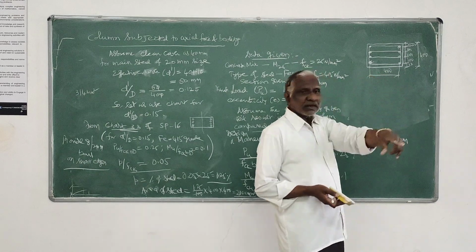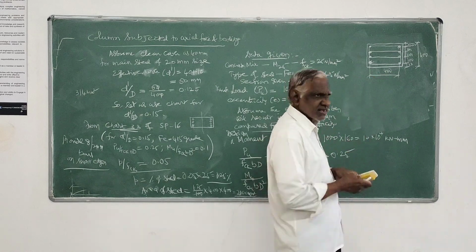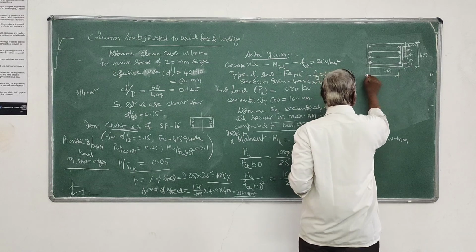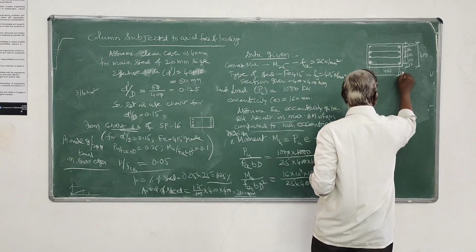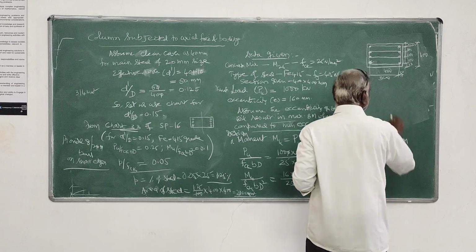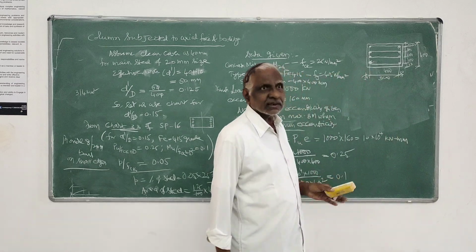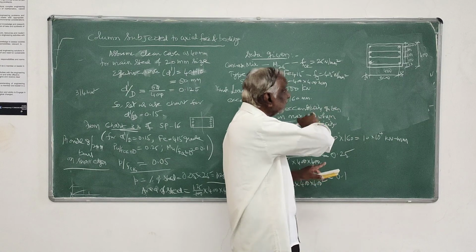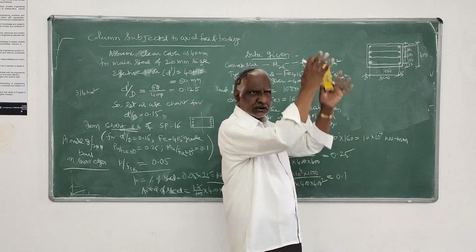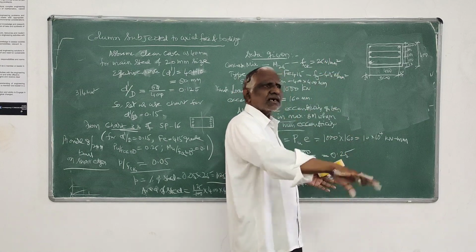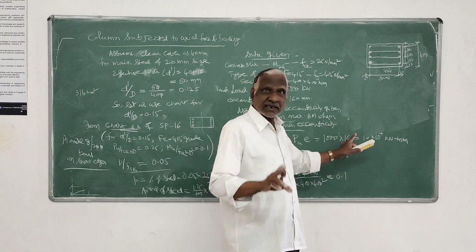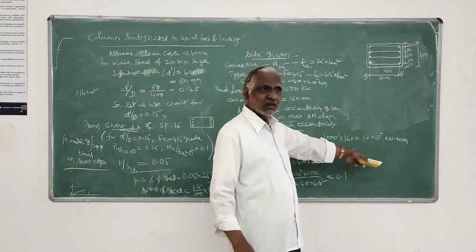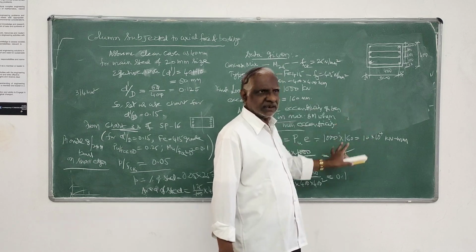So that particular criterion is also satisfied. Here you got 50, here you got 50, so this is just 300. They are all well within the limit. The arrangement of longitudinal bars as well as transverse bars has been taken care of. This is the arrangement of reinforcement you are expected to show in sketching the reinforcement.